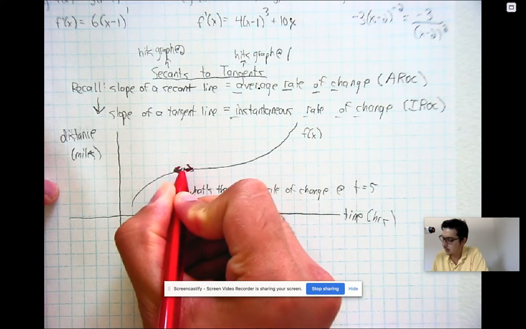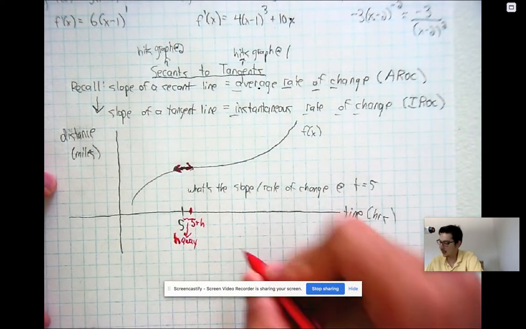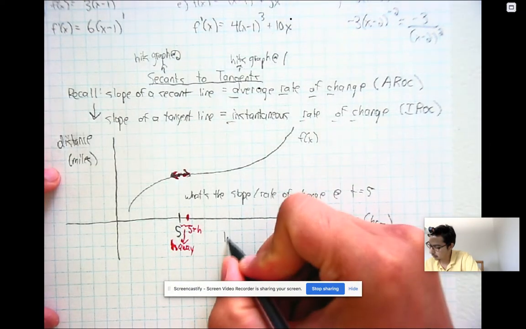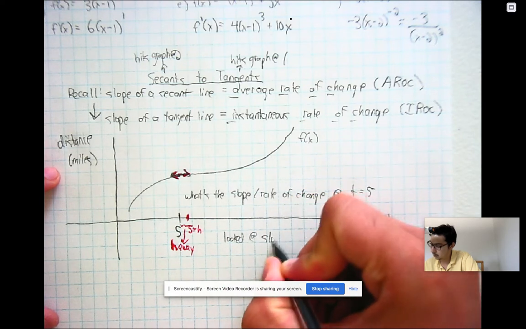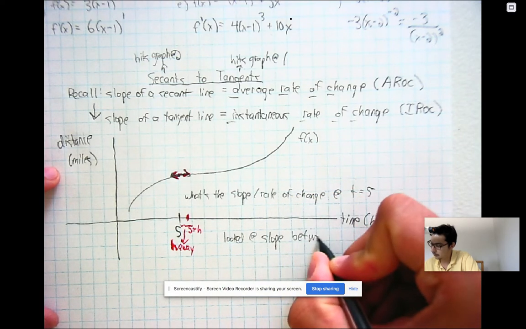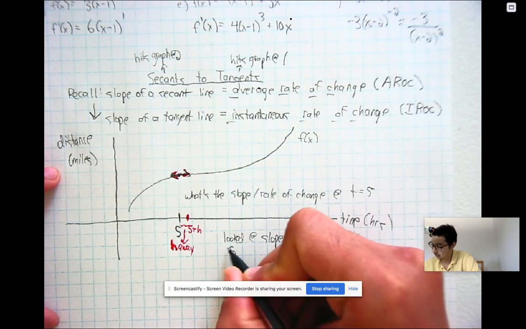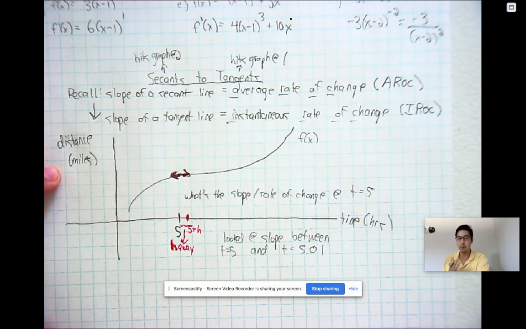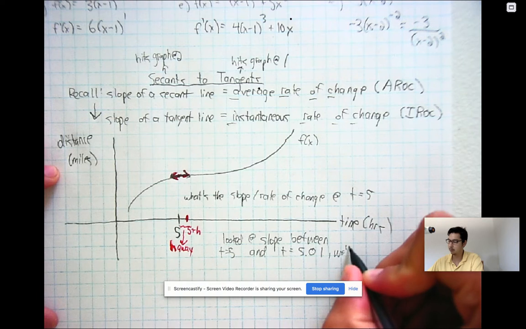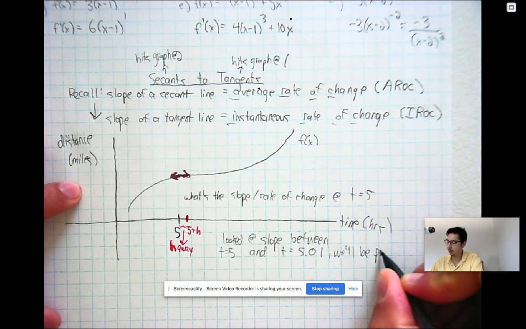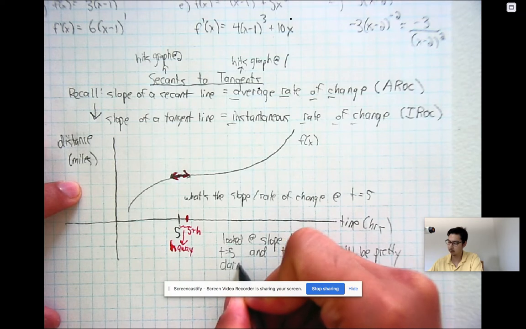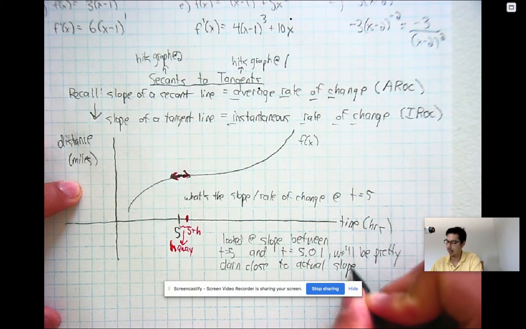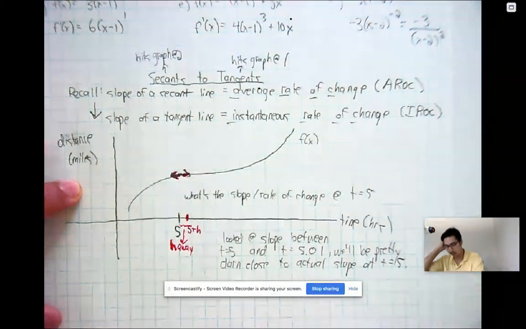And I know it's hard to see, but if we looked at the slope between 5 and 5.01, well, we're going to be pretty darn close to the actual slope at t equals 5, right?